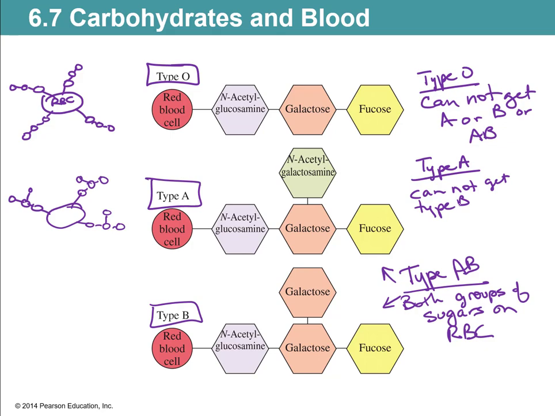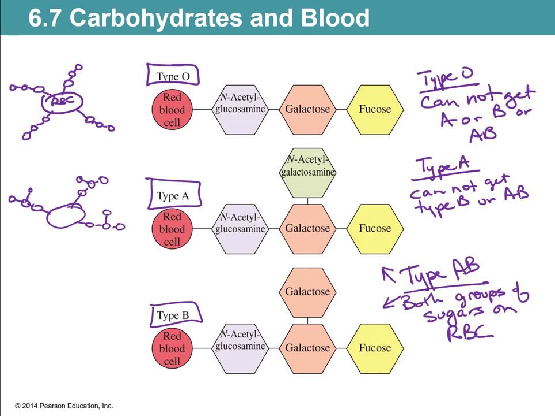Could they get type AB? If I'm A, if I got AB, that means I'd get some B, so I'd get some sugar combinations like B. That would be foreign as well. So I cannot get B or AB if I'm type A. I can't get anything with a B, basically.